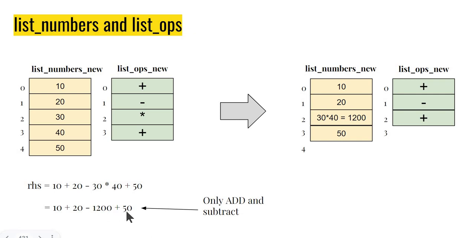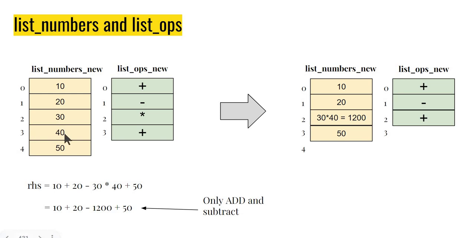And the interesting bit is that once I have done this multiplication, I'm left with only plus and minus, which means that I can use my earlier logic to compute it from that point. So what I'm going to do is find out where my multiplier is and which are the two numbers that are impacted by the multiplier. For example, multiply here is on index 2. I go and multiply list numbers new 2 with list numbers new 3.